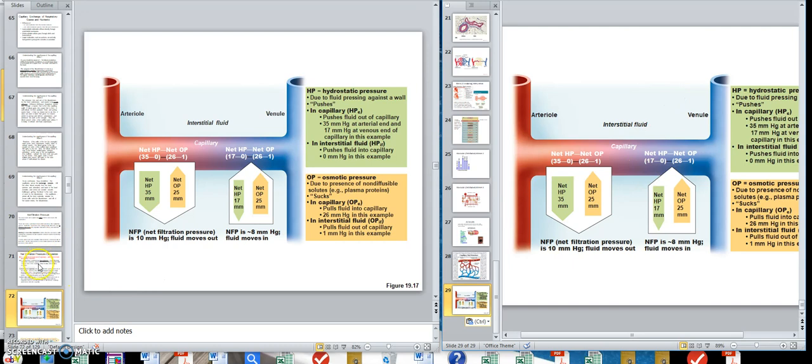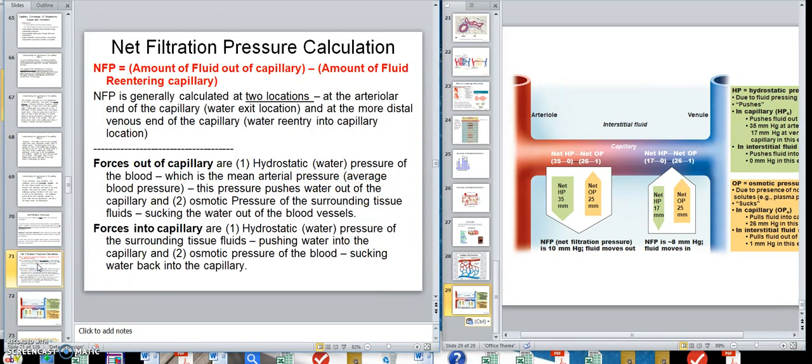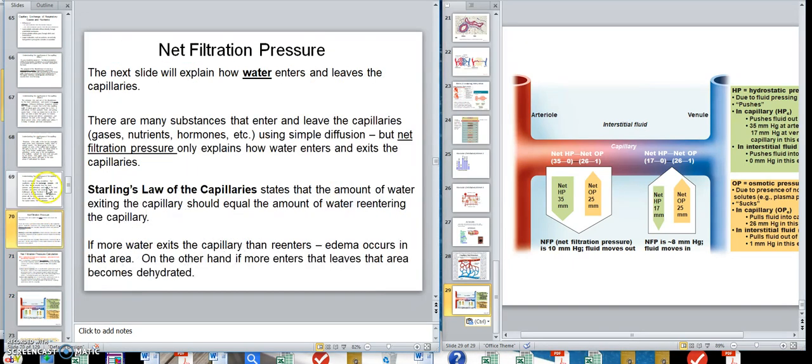When we get into that, it's only involving water coming in and out of the capillaries. Let me say it again. This is only involving water. Now, there are other substances that come in and out of capillaries, your nutrients, your gases, and other things. But the net filtration pressure right here is only involving water.